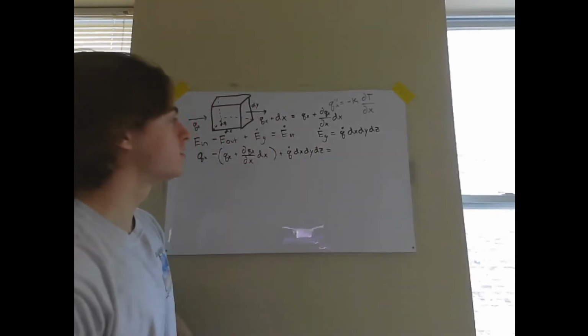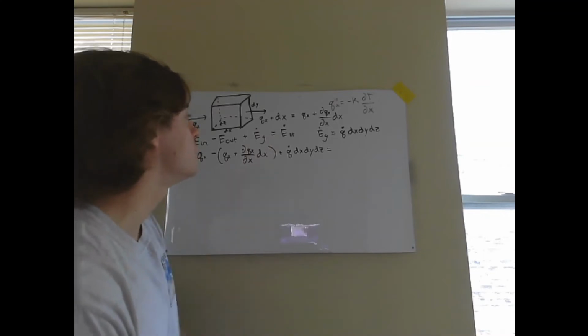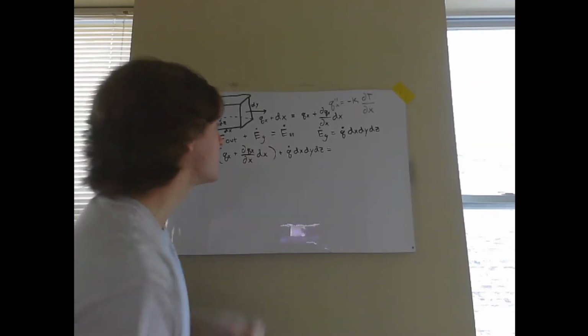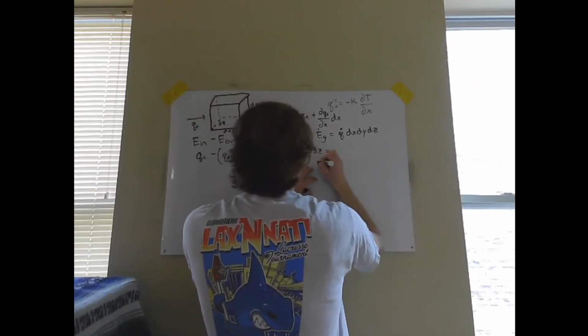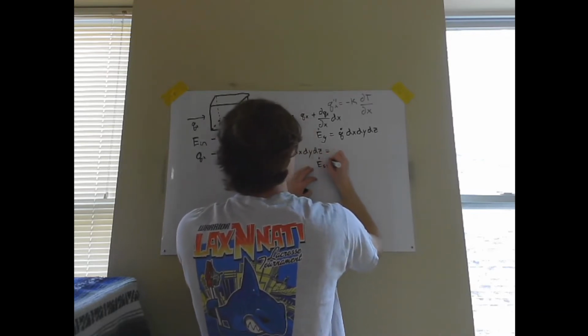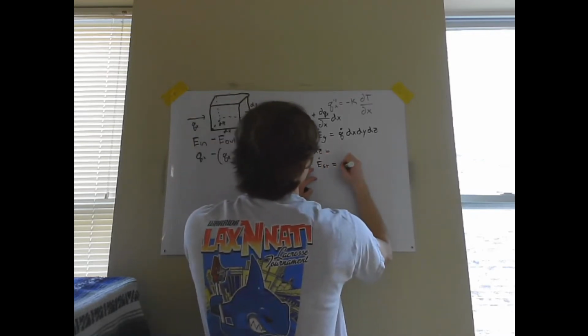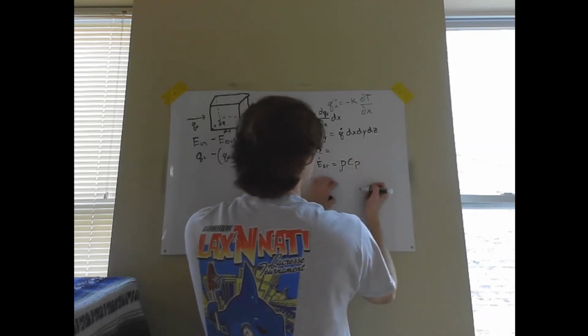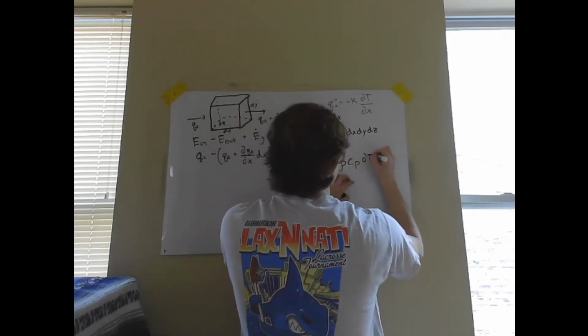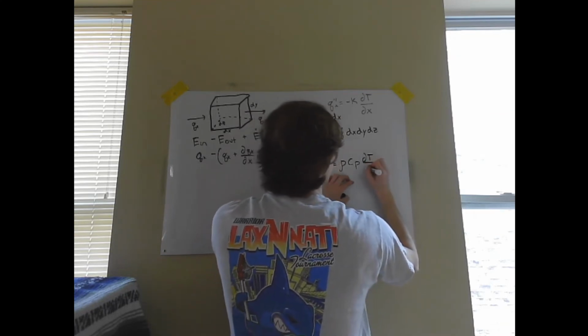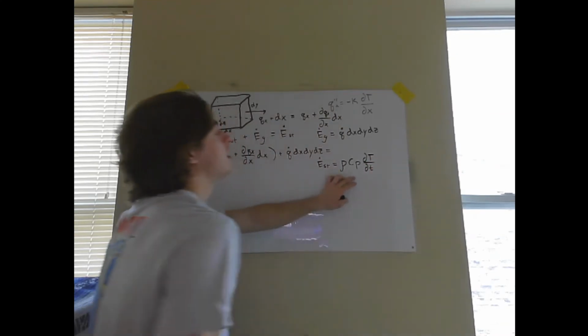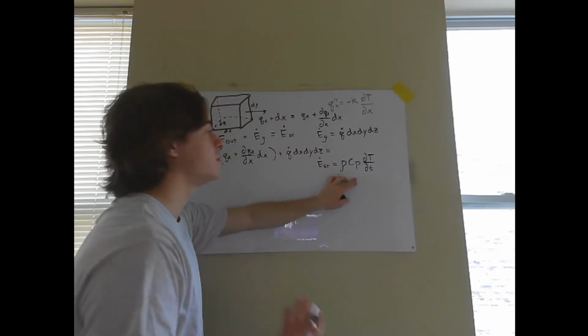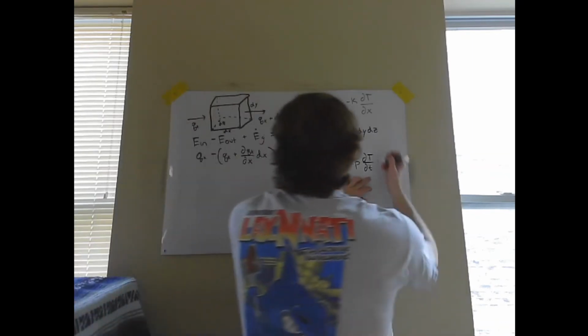And then for our energy storage rate, similar to energy generation rate, we have an expression for that. And so the energy storage rate is just going to be equal to the density of the material times its specific heat capacity times the partial derivative of temperature as it changes with time. And then again, to get the correct units we need to multiply by the differential volume.